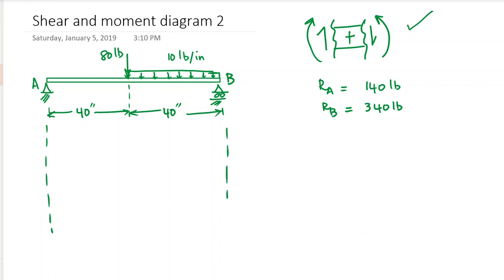We'll use a very similar approach as we have done in the previous example.